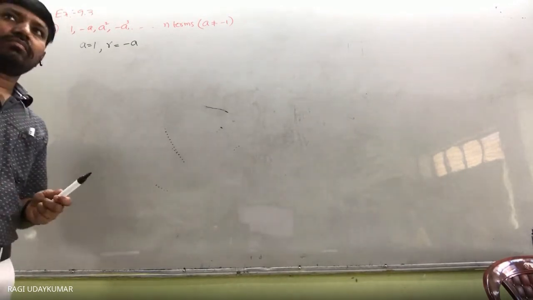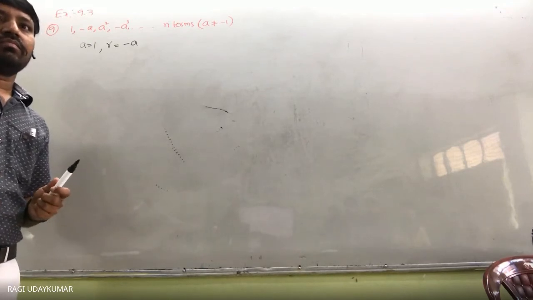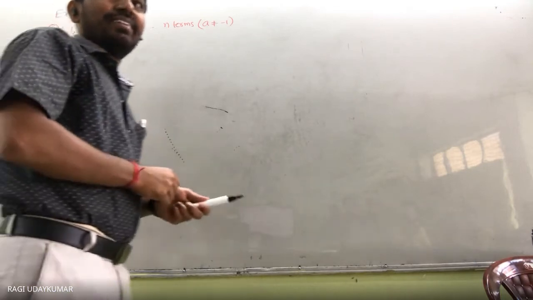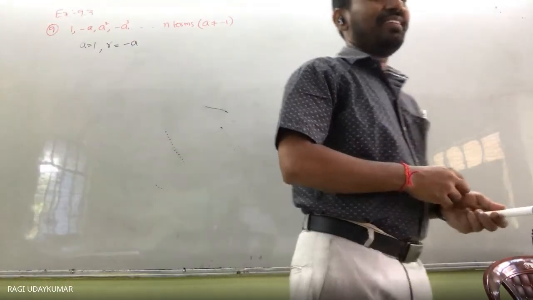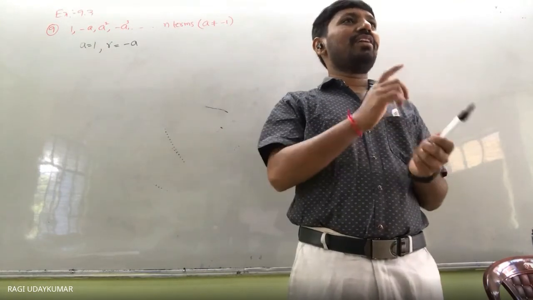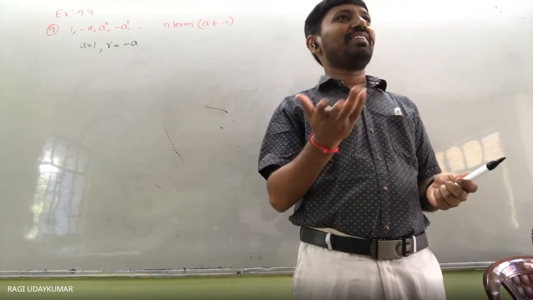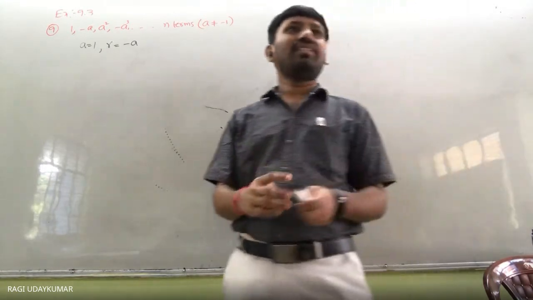All the terms will become 1, so Sn is what? 1, 1, 1, 3 times 3, 4 times 4, n times n. That is the only difference here.